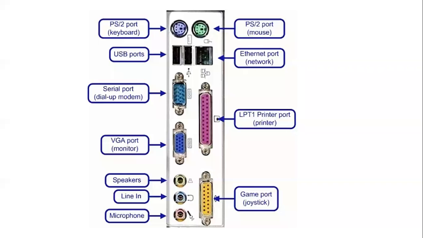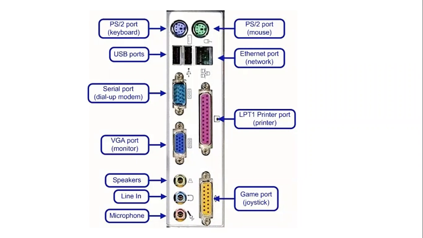Then below that, there are three similar types of ports, which together are known as audio ports. There are three types of audio ports: speakers, line in, and microphone. Then on the other side is the yellow one. This one is also standard. All computers have this port, the game port.